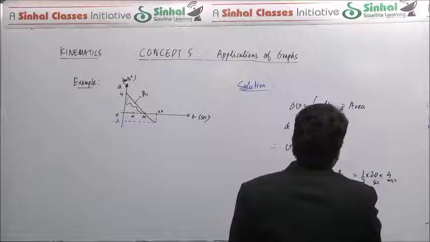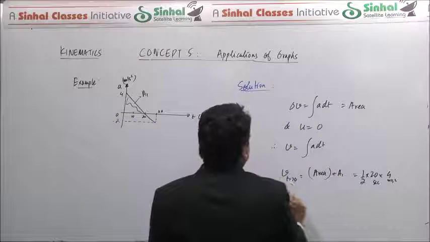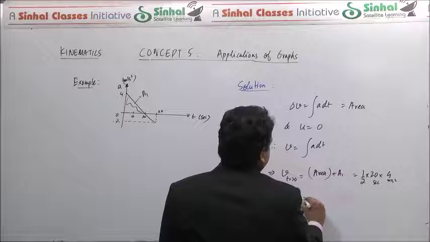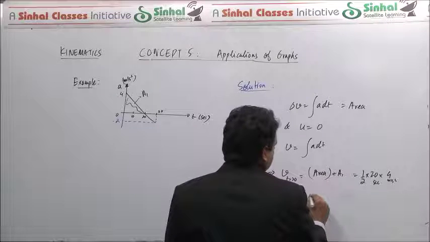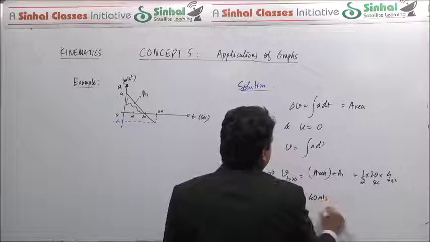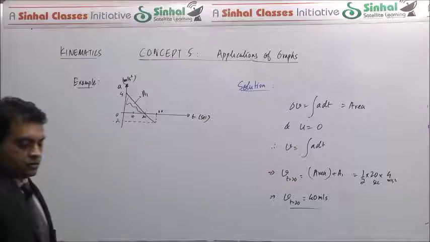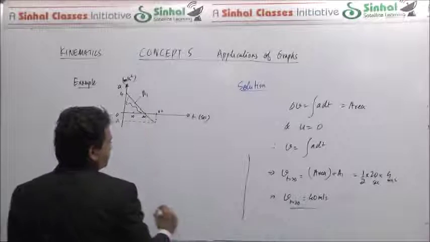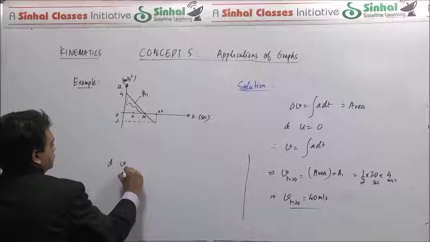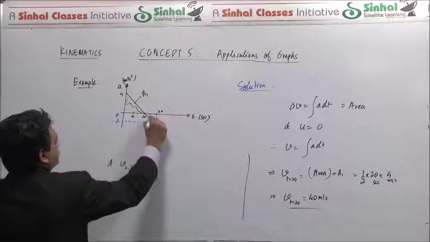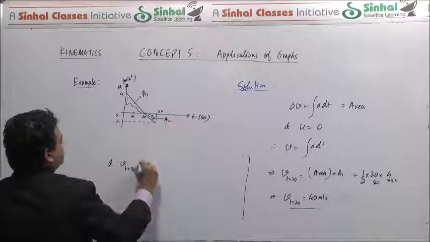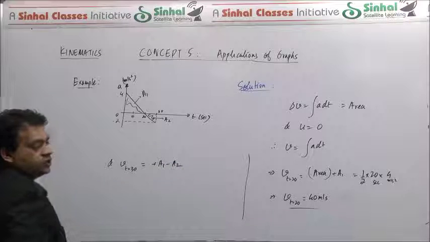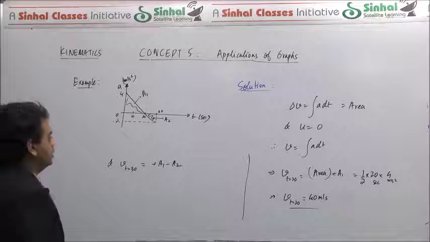So the velocity is 40 meters per second. Right. And we can also see that it is the algebraic sum of areas.